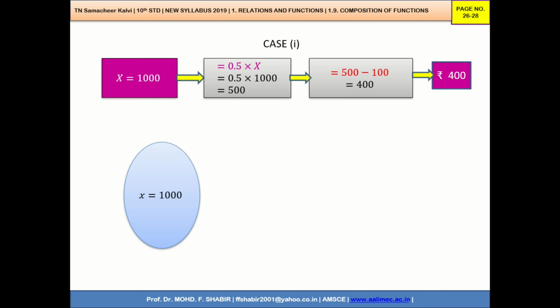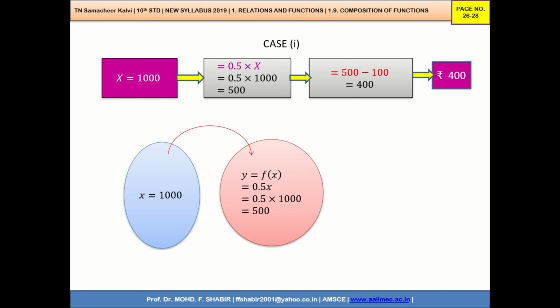Input is 1000, x is equal to 1000. After using coupon 1, output is 500. So for the input 1000, the output is 500. Therefore, for any input, if I have an output, it is a function. Therefore, there is a function between x and y. The function is given as f.